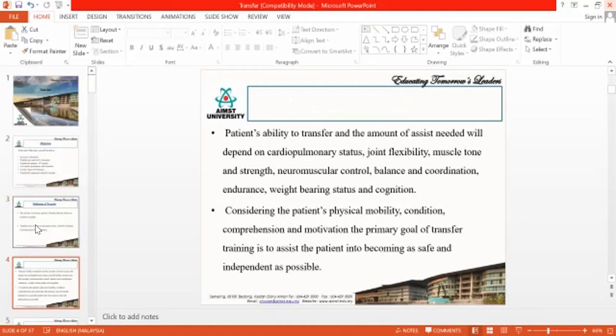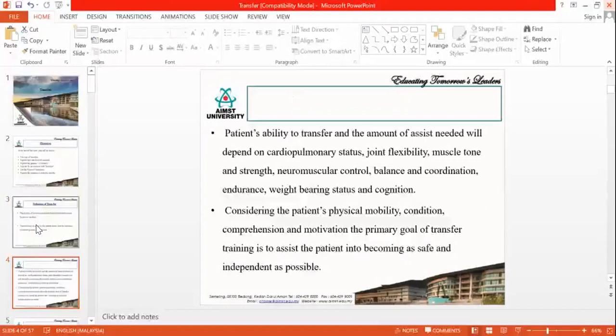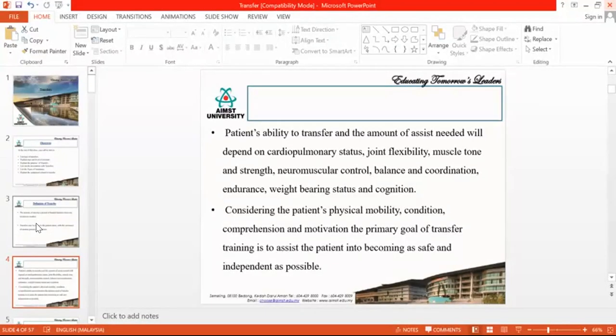Here the main thing we want to know first is the ability of a person to move from one place to another. When you want to know about the ability of the person, it is not only the physical one, it is also the internal one.